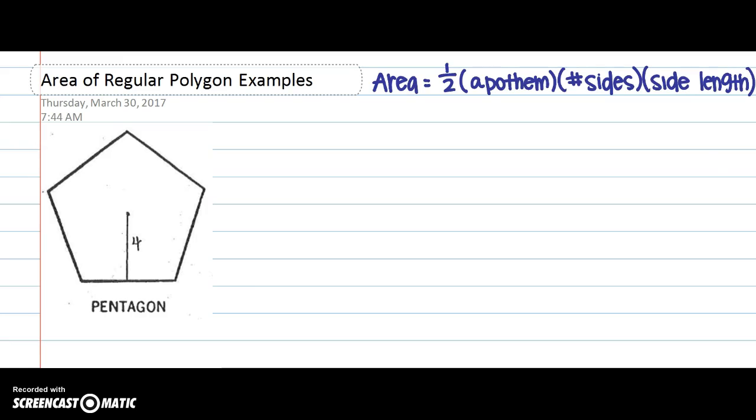Remember, the apothem is represented by A, the number of sides is N, and the side length is S. So we always need those three things before we can start solving.